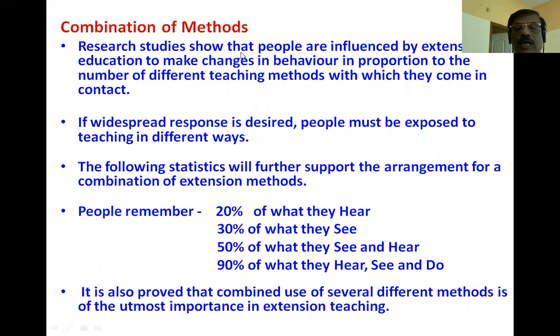Research studies show that people are influenced by extension education to make changes in behavior in proportion to the number of different teaching methods with which they come in contact.